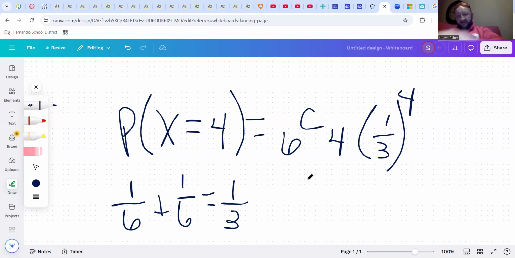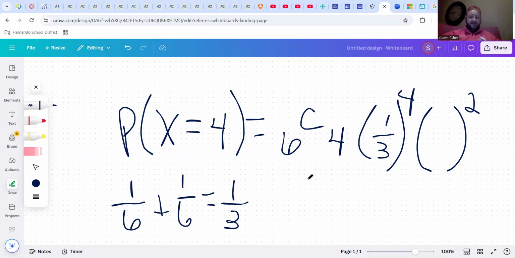So I'm going to raise it to the 4th power and multiply it by its failures. And how many times do I see that? Well, out of 6 times, it'll be 2. Let's look at this a little bit. 2 out of 6.